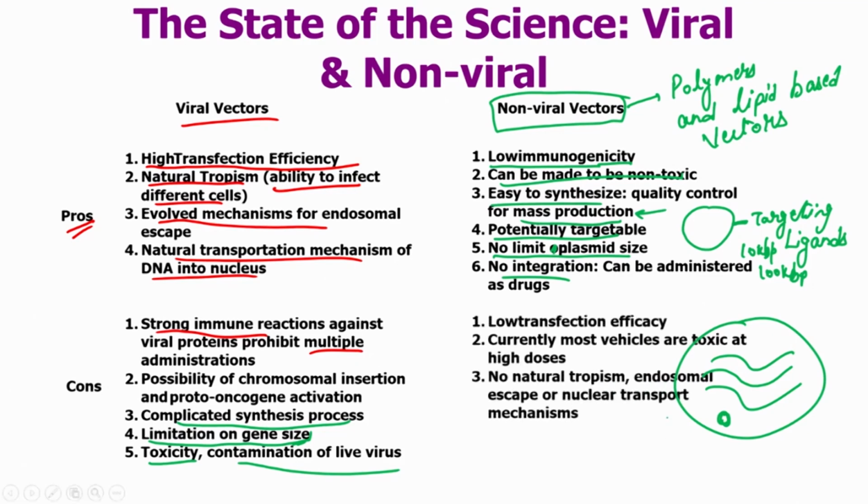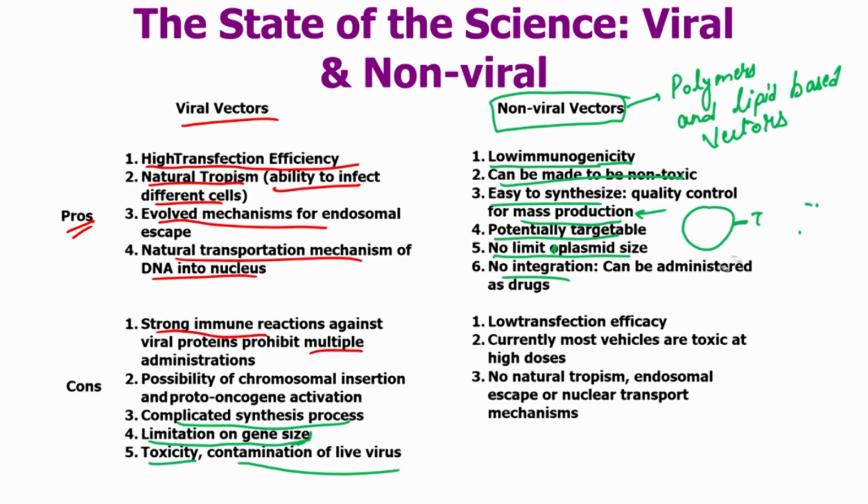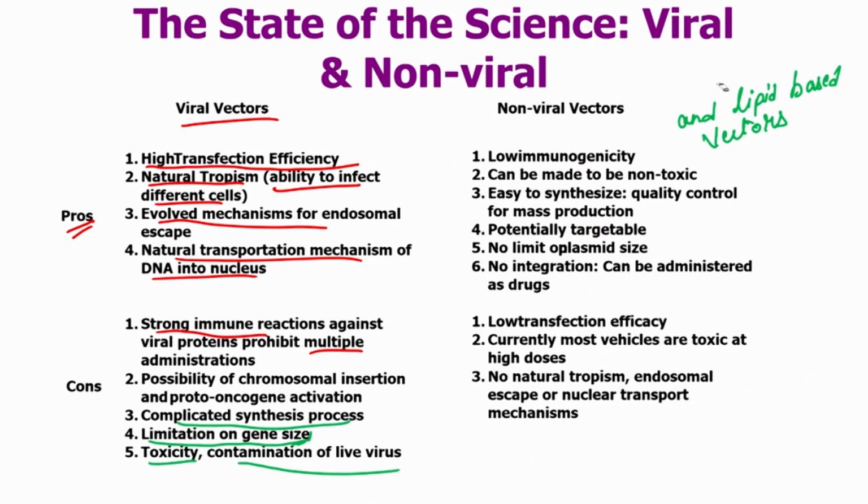However, like the viral vector, there are some cons associated with these systems as well, and let us look at what some of these cons are. So, the biggest con is a fairly low transfection efficacy. With viruses you are talking about more than 50% of the cargo transfecting.